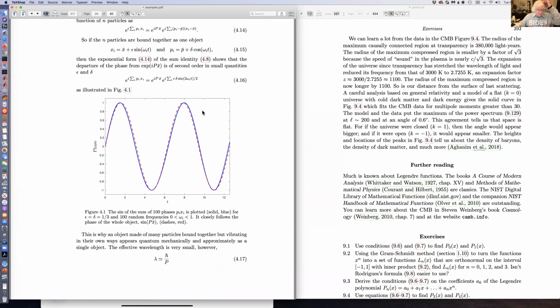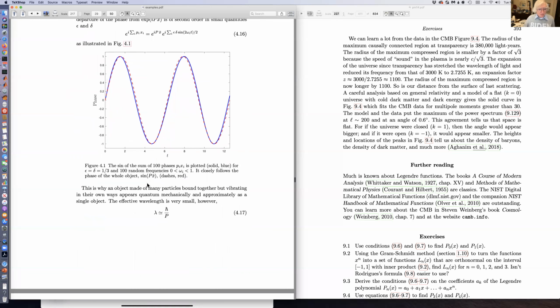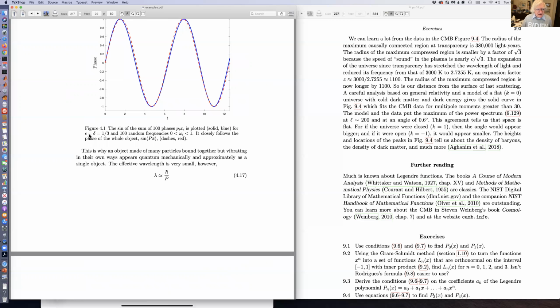And so what one gets is that the blue curve is the exact solution, namely this exact phase here, or equivalently the left-hand side, and the red dashed thing is the average phase. And you can see that they track pretty well. And this is for the case where epsilon and delta are 1/3, and there are 100 random frequencies. I took the omega_i as just random numbers.